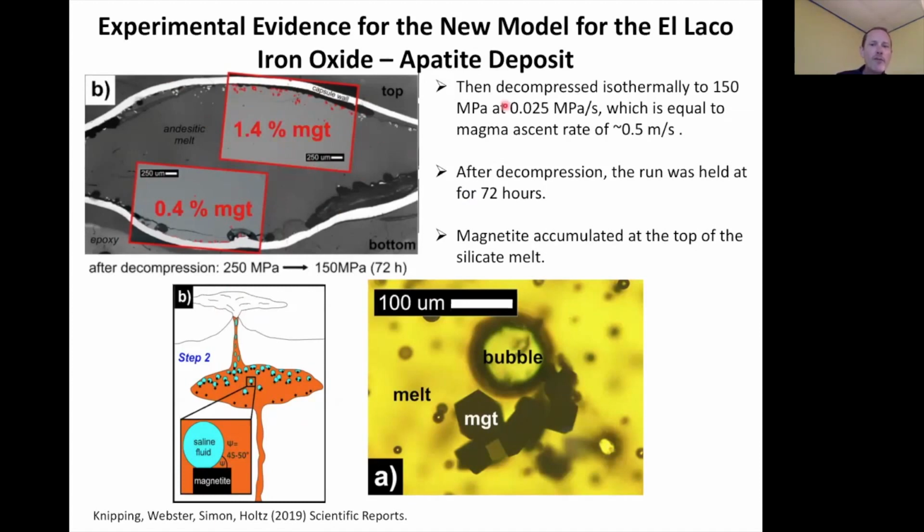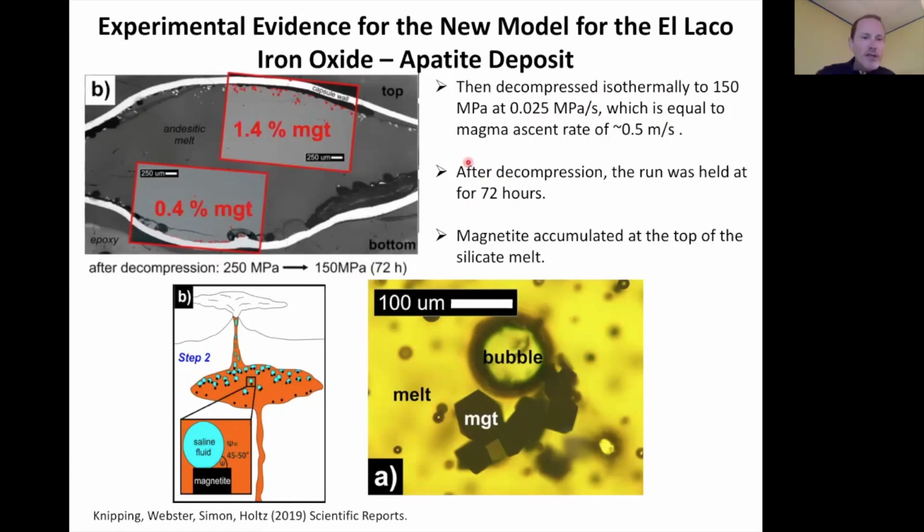We did the same experiments where we initially equilibrated the assemblage at 250 MPa, and then we decompressed it to 150 MPa at a specific rate of 0.025 megapascals per second, which is equal to a magma ascent rate of about 0.5 meters per second. And then after decompression from 250 to 150, we held it there for 72 hours.